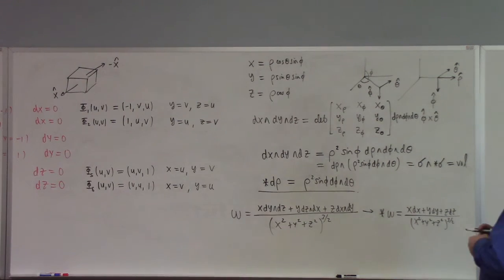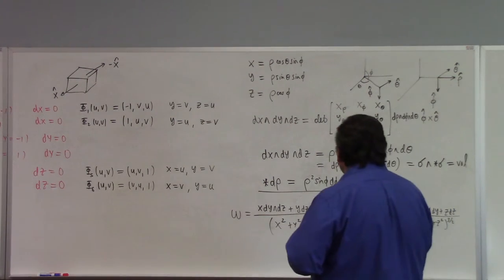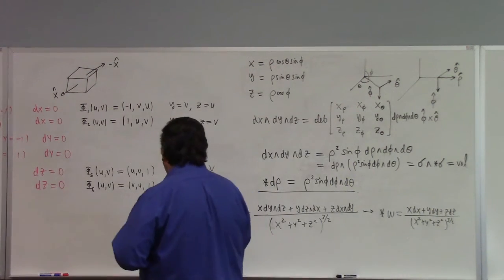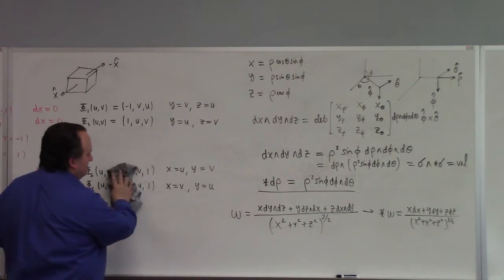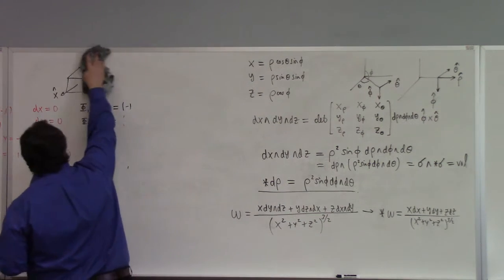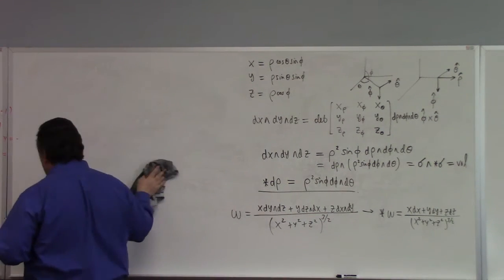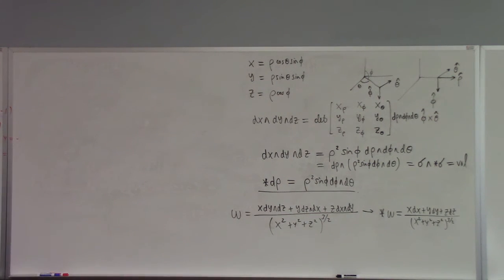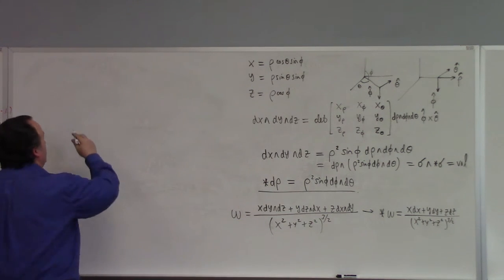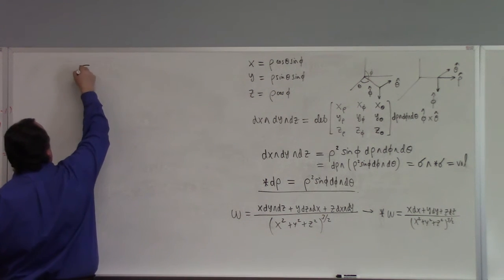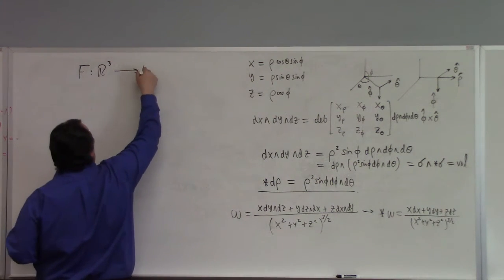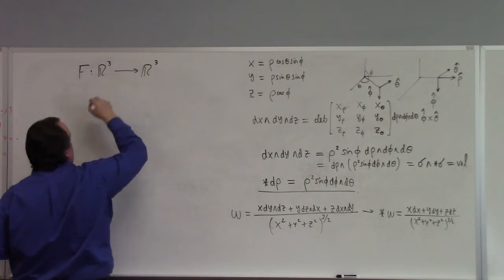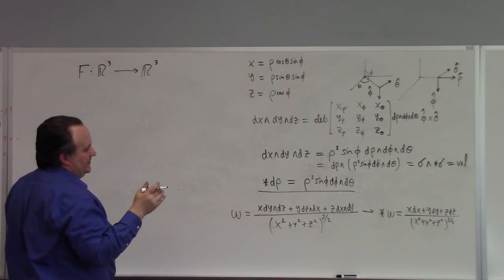So, if I have F, which is a mapping from R3 to R3, don't mind the coordinate defects. And let's see, I'm pulling back.